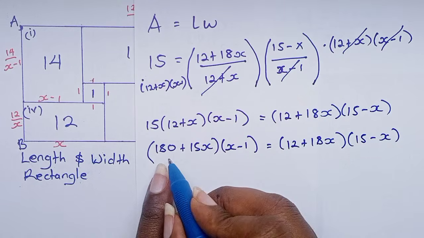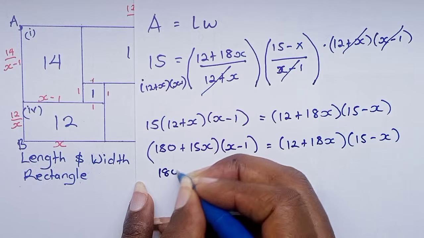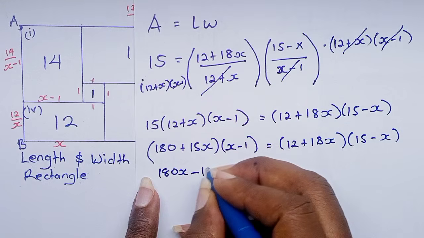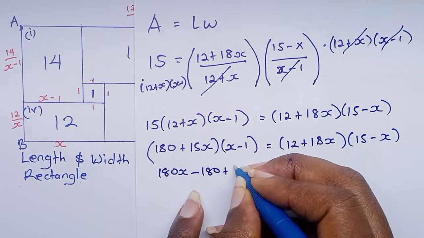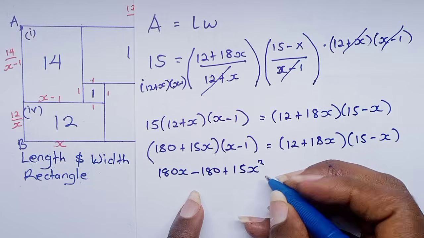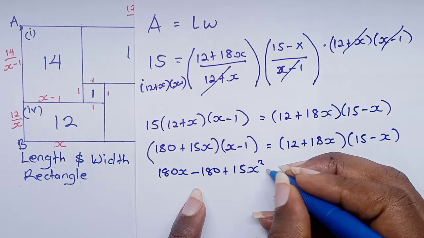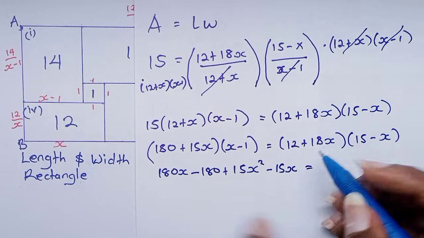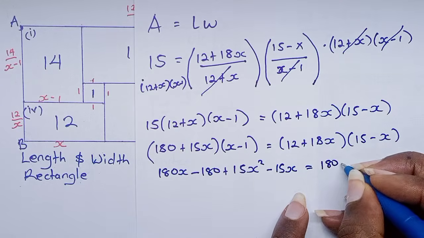Okay, now 180 times x is 180x. 180 times negative 1 is minus 180. 15x times x is plus 15x squared. 15x times negative 1 is minus 15x.